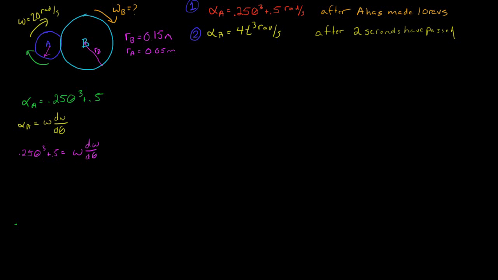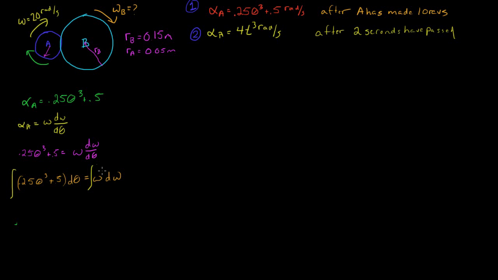Now, what we have to do is separate our variables and integrate. So we're going to move this d theta to the other side of the equation, and we get 0.25 theta cubed plus 0.5, multiplied by d theta, equal to omega times d omega. We want to figure out the bounds.